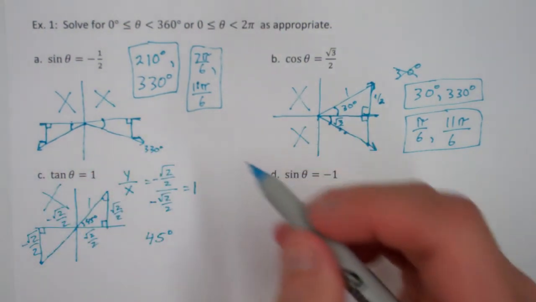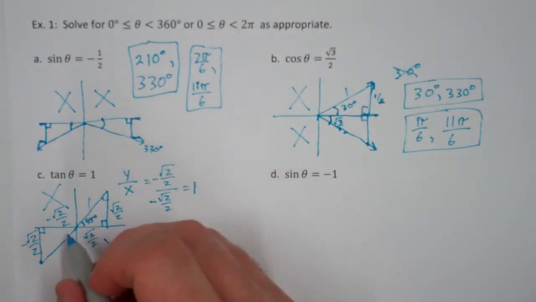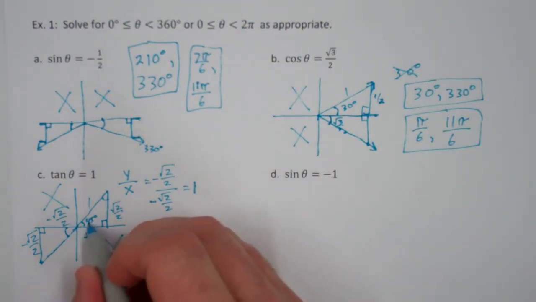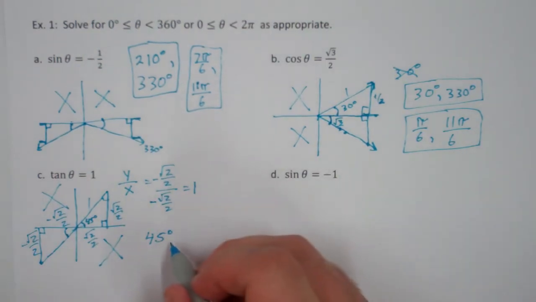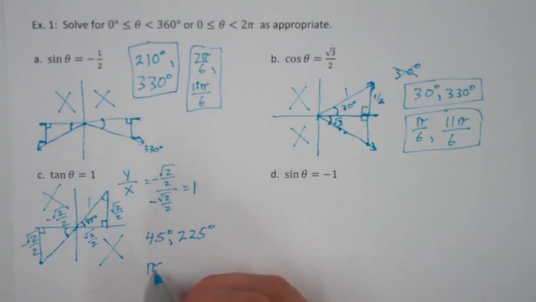So we know we're not going to be in quadrant 2, and we know we're not going to be in quadrant 4. This angle has the same reference angle, but we want to state it from the positive x-axis, so we're going to take 180 and add 45, and that's going to be 225. In radian measure, we've got pi over 4 and 5 pi over 4.